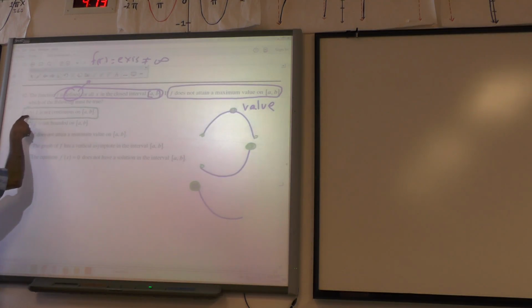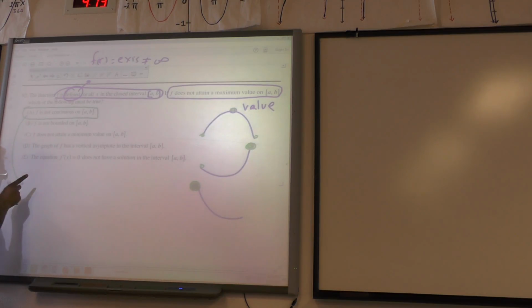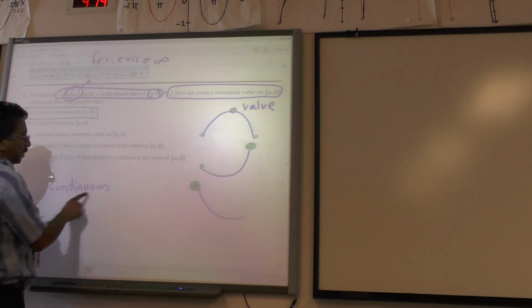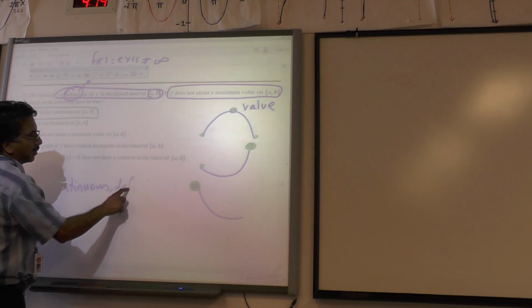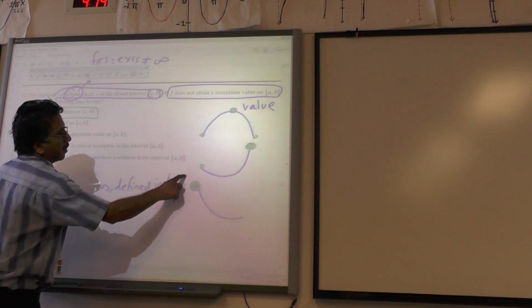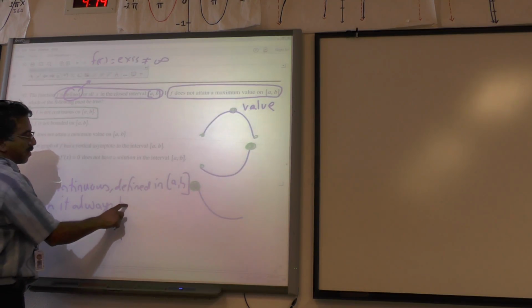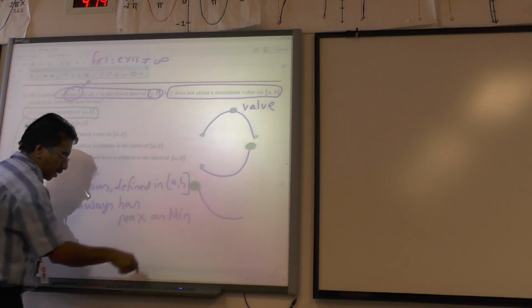This is the right answer because there is a concept: if f is continuous and defined in a closed interval A to B, then it always has a maximum as well as a minimum.